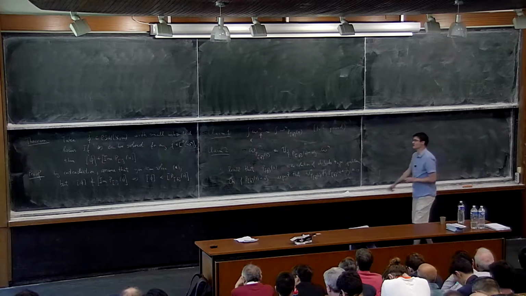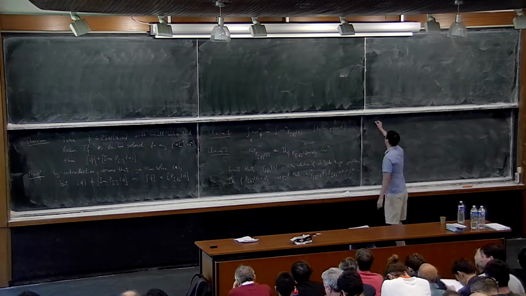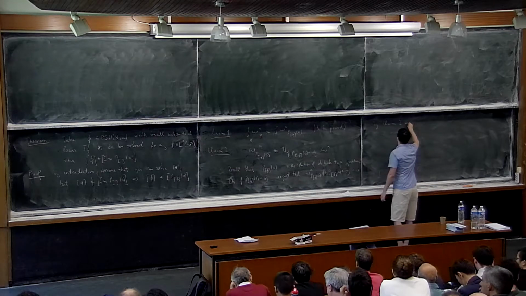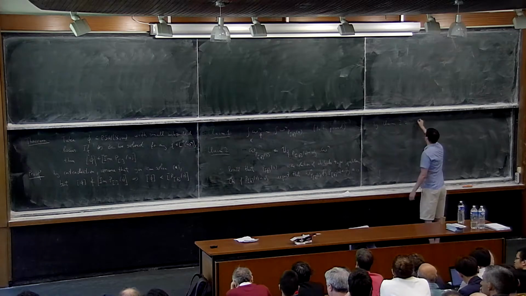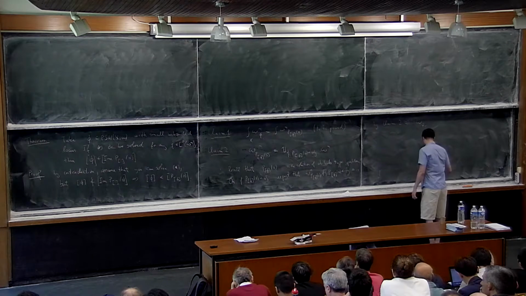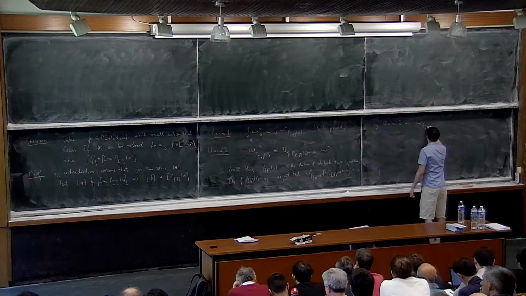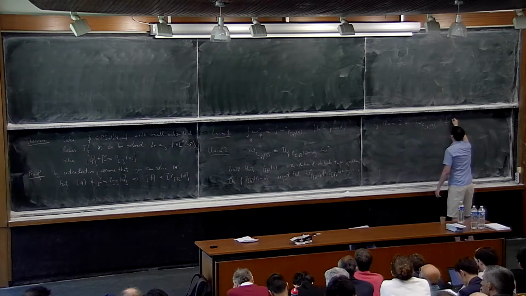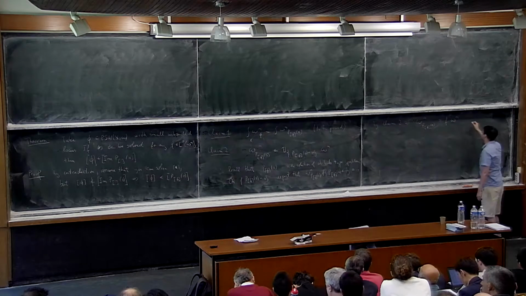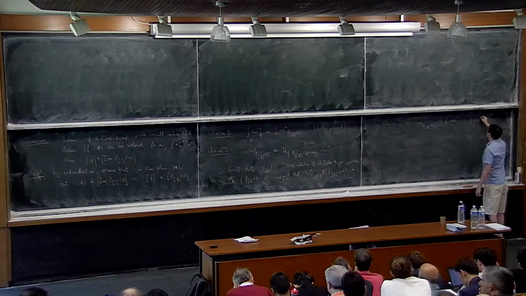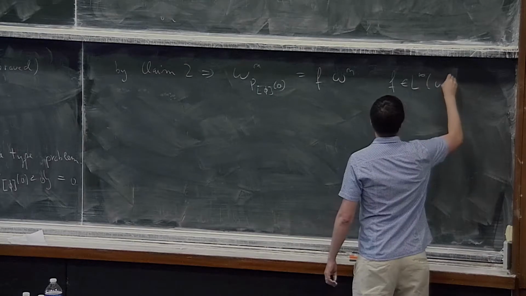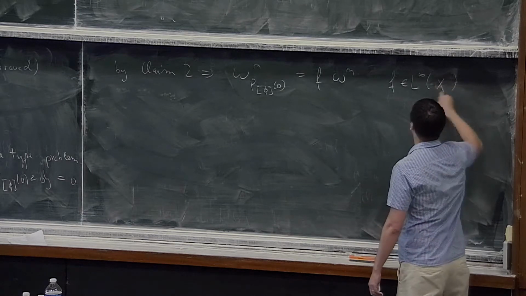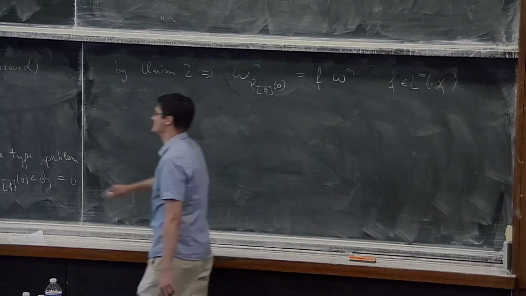Okay, so now, by claim 2, I get that this operator I can write as f times omega to the n, where f is simply bounded. Right, this condition.